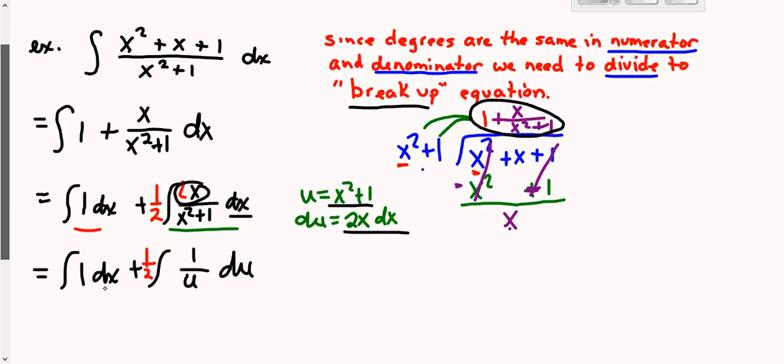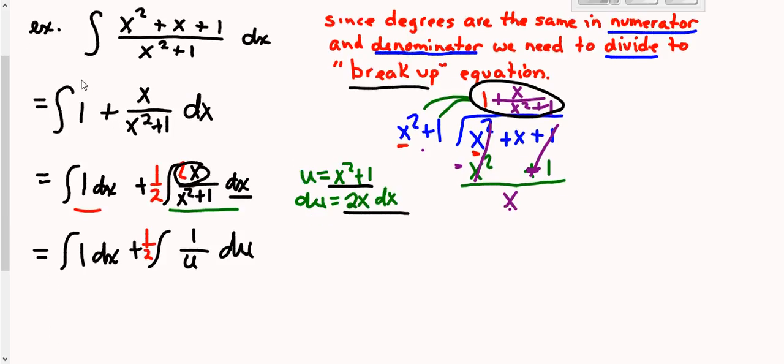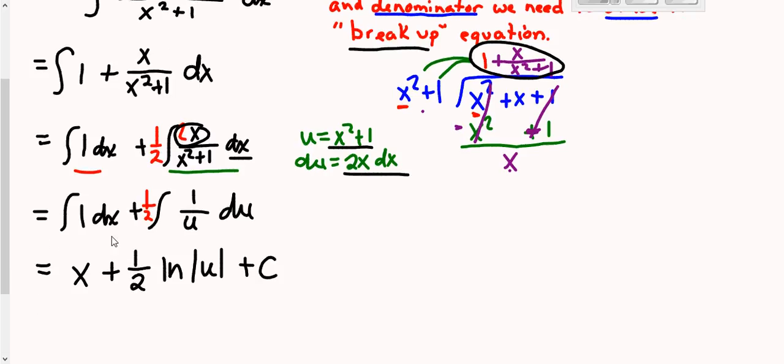And from here we can integrate. So this one we are integrating with respect to x, and the other one we're integrating with respect to u. So be careful here. The integral of 1 dx is x, or 1x, plus we have 1/2. 1 over u is the ln of what's on the bottom, so absolute value of u plus c. And then we can just put the x's back in.